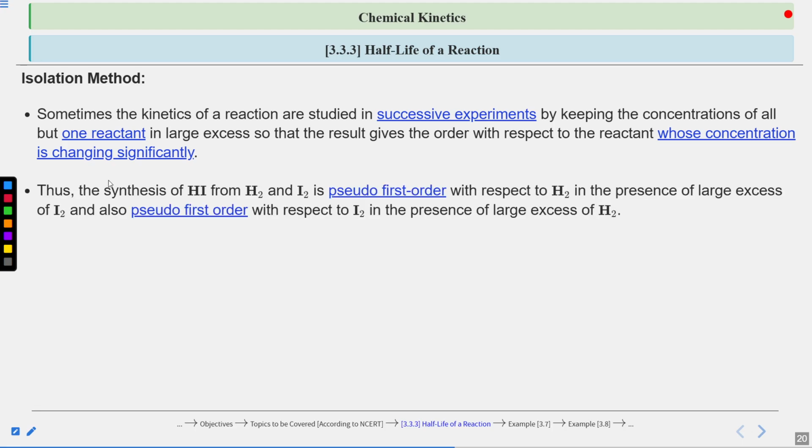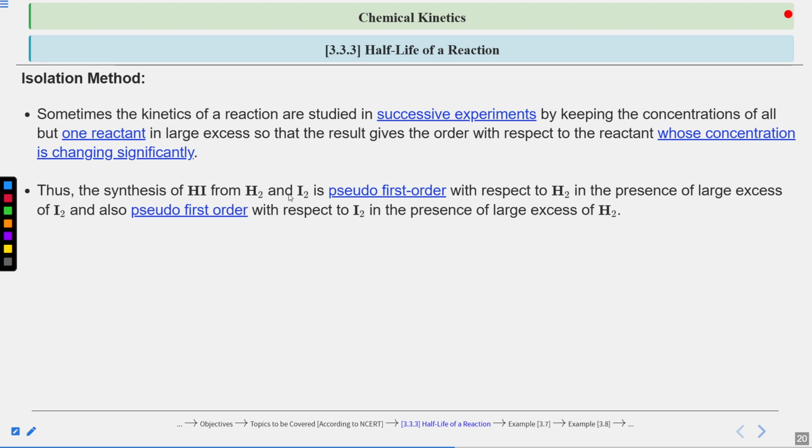Thus, the synthesis of HI from hydrogen and iodine molecules is a pseudo first order reaction with respect to hydrogen in the presence of a large excess of iodine, and also pseudo first order with respect to iodine in the presence of a large excess of H2. So we are considering here an example: the synthesis of hydrogen iodide from hydrogen and iodine molecules.